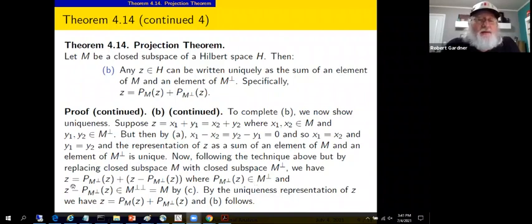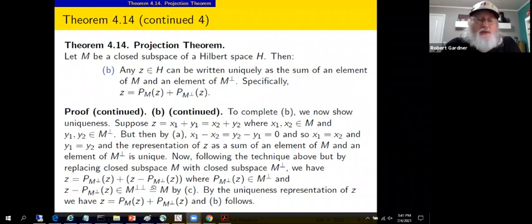We certainly have Z as projection onto M perp of Z plus Z minus that projection because these cancel. So that's a straightforward equality. And Z minus the projection of Z onto M perp, all right, we're taking away, think of it, taking away the component of Z in the M perp direction.